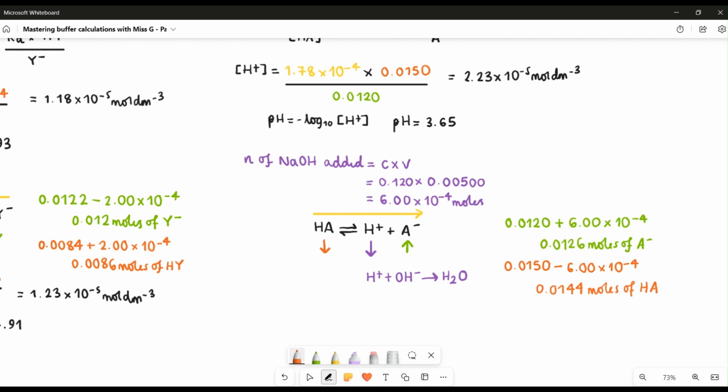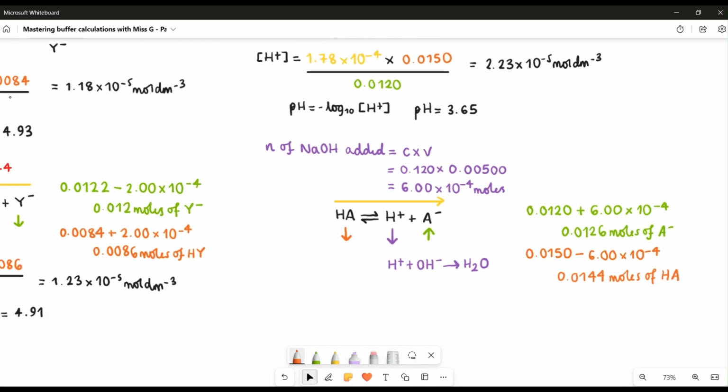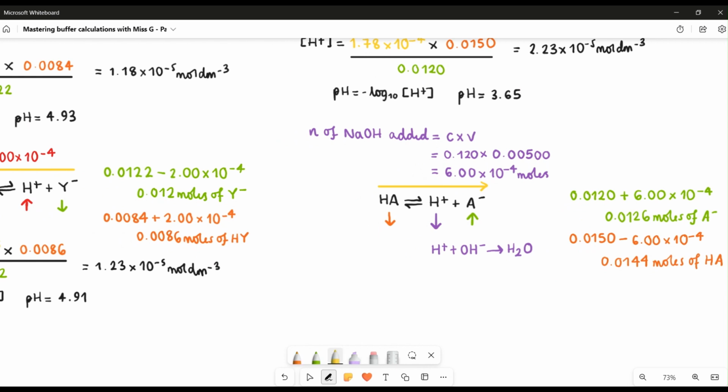And then with those new values for the moles and the original value of Ka that we were given of 1.78 times 10 to the minus 4, I can sub those three values into my rearranged Ka expression. And again, I won't write out the original Ka expression again because it is just written above.